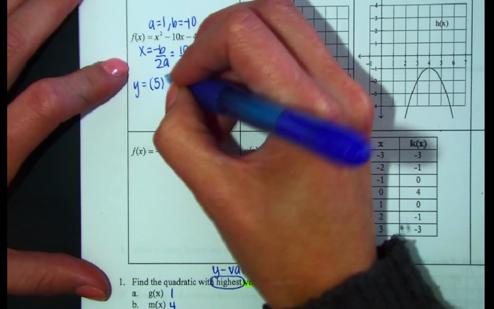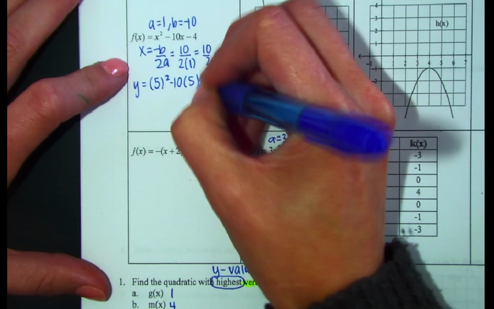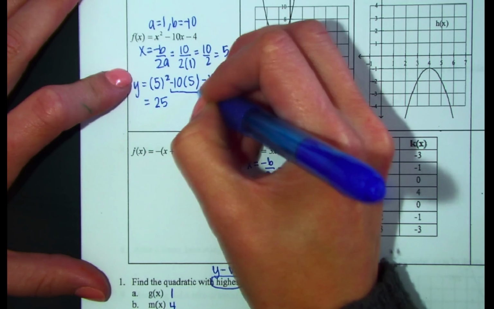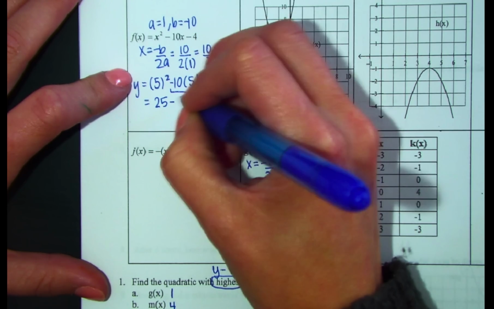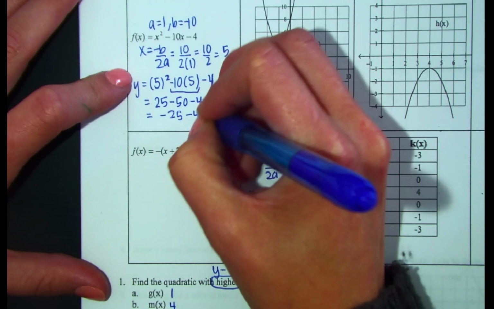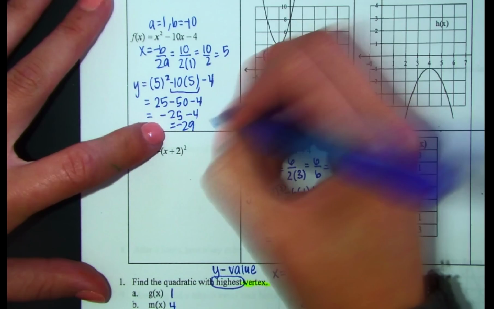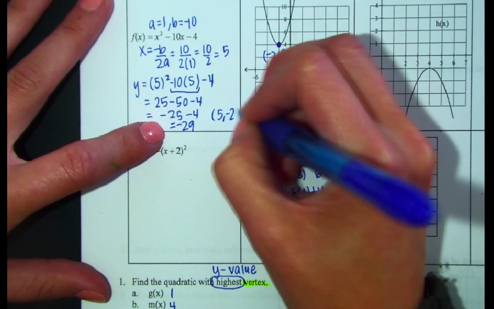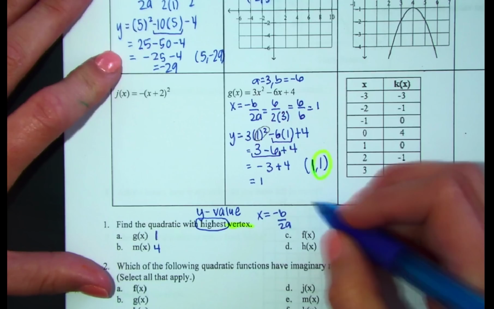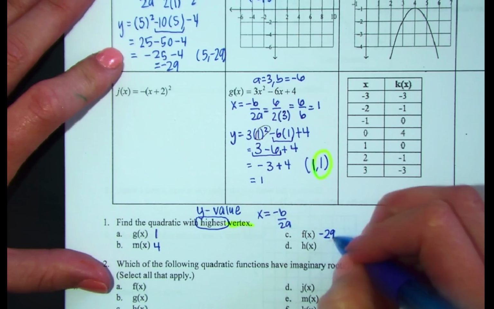So I have 5 squared minus 10 times 5 minus 4. 5 squared is 25. Negative 10 times 5 is negative 50. And negative 25 minus 4 is negative 29. So this has a vertex at 5, negative 29. Puts you really far down the graph. So negative 29.